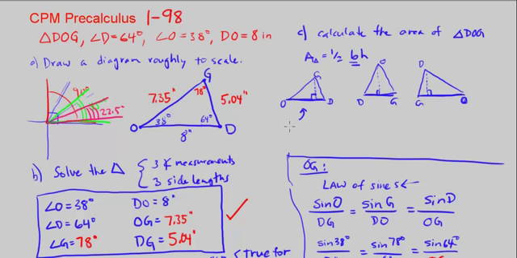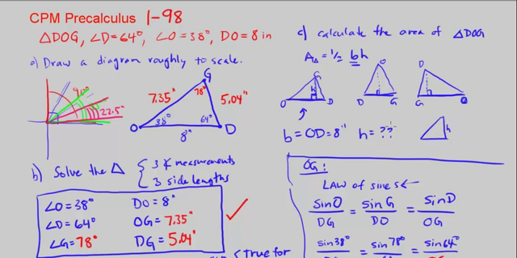And we know the base then is OD, which is 8 inches. And the height then is what? The height, we have to remember, is going to be this side right here. If we just split the triangle up and cut it right there at the height, then we still have the height here.